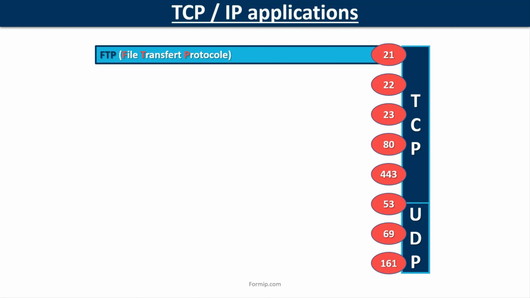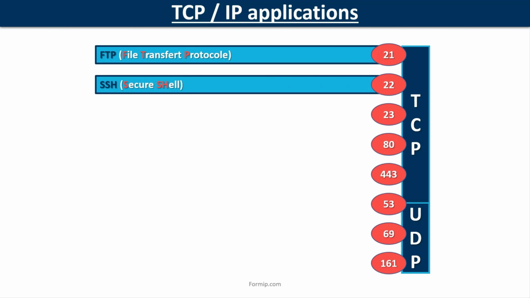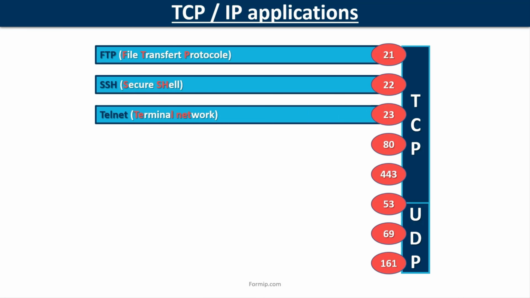It's a service used to transfer files between systems. On port 22, we can find SSH, Secure Shell, which allows remote access to other network devices. SSH messages are encrypted. Unlike Telnet, which uses port 23. Telnet is SSH's predecessor and does not encrypt messages.